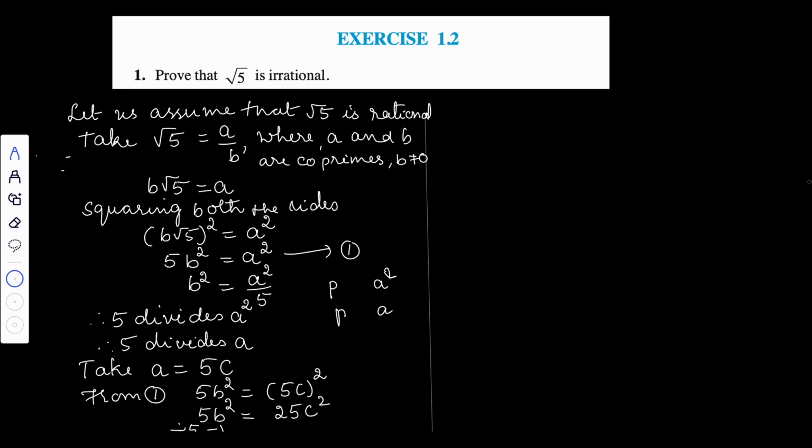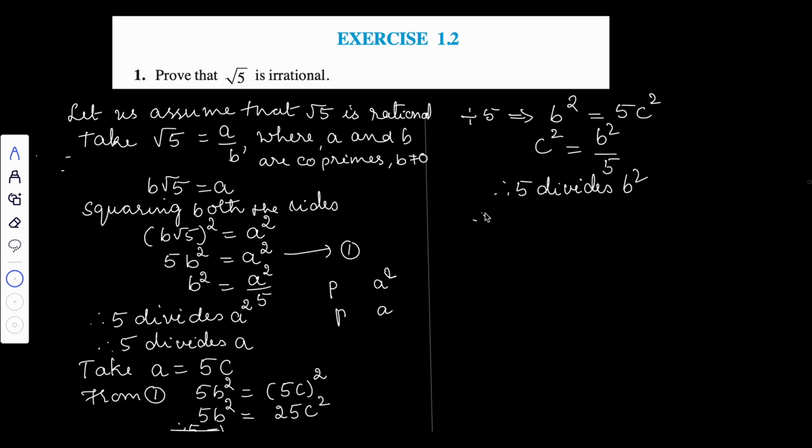We are getting here b square is equal to 5c square. So c square is equal to, bring this 5 this side, b square by 5. That means 5 divides b square. Therefore 5 divides b.